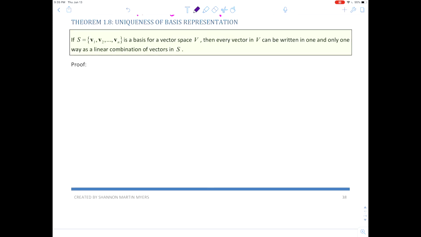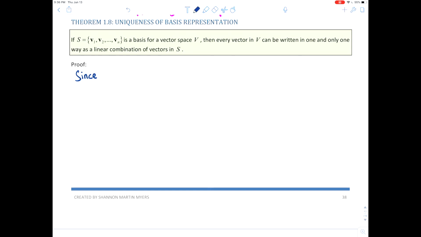Uniqueness of basis representation. So if S is equal to this set, vector v1, vector v2, all the way down to vector vn, if S is a basis for a vector space V, then every vector in V can be written in one and only one way, as a linear combination of vectors in S. Okay? What does it mean for something to be a basis? Good. It's a linearly independent spanning set. Okay? So, here we go.